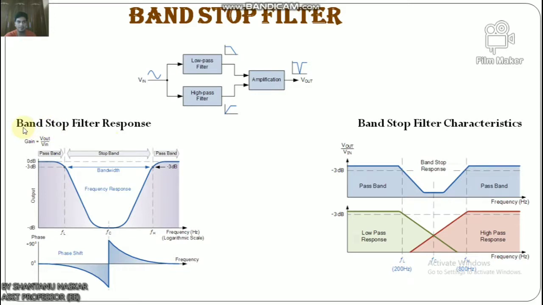So in a band stop filter response, we can see from the amplitude and phase curve above the band pass circuit that the quantities FL, FH and FC are the same as those used to describe the behavior of the band pass filter.